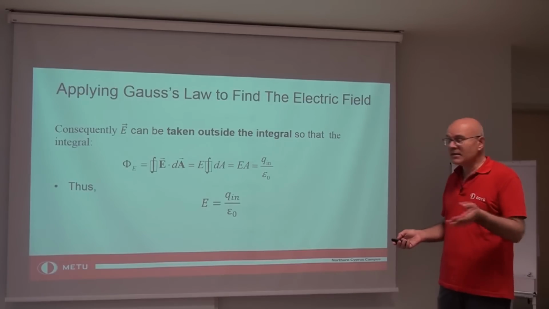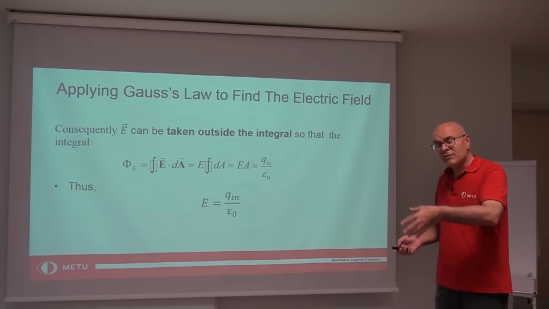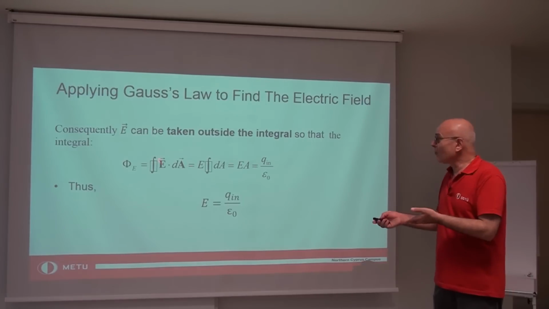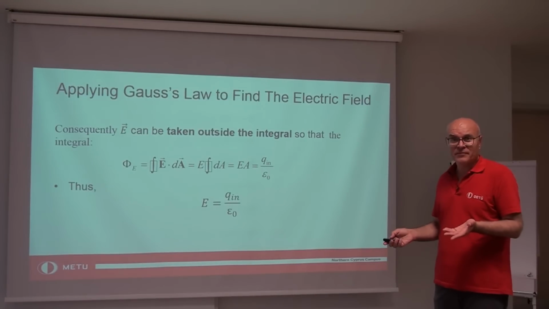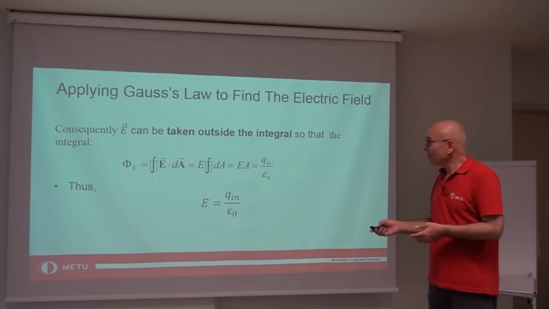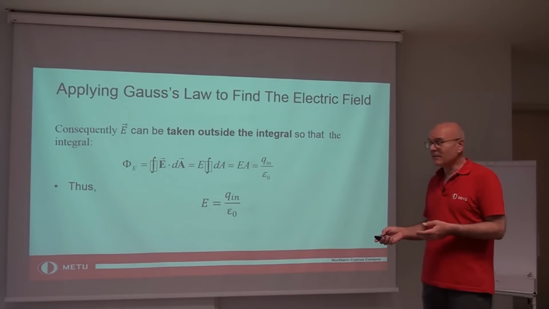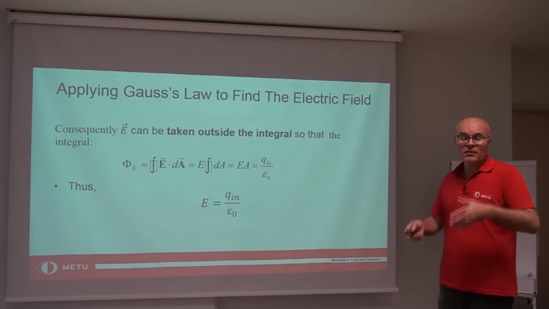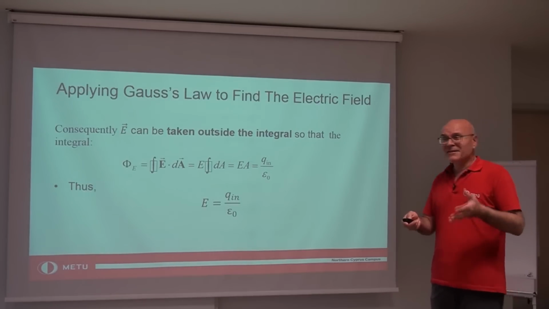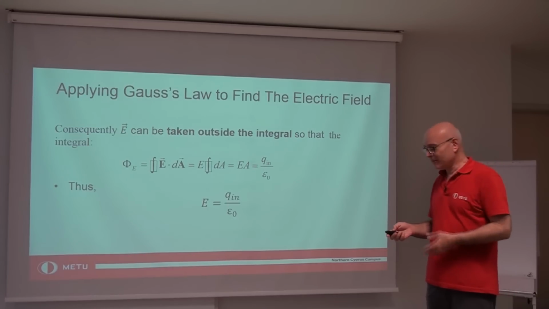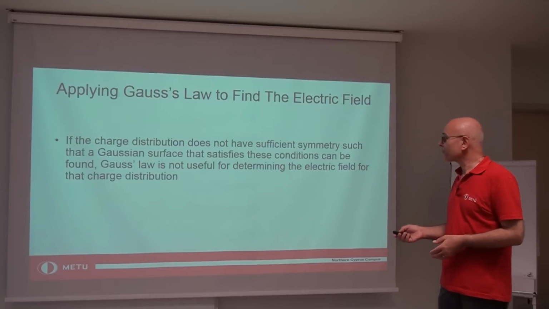And as you can see, the idea is to make use of the symmetry so that you do not need to do this complicated integral. So although Gauss law looks a bit scary with this integral appearing here, its utilization is actually in not doing the integral in order to find the electric field.